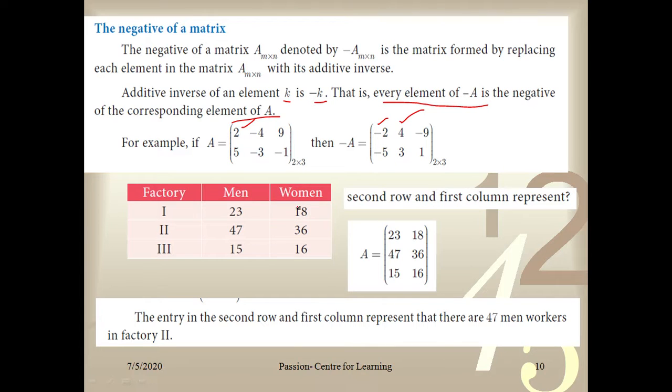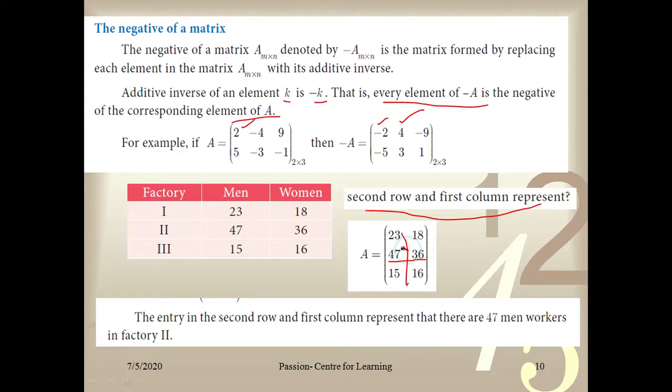I want to explain one with an example. They have given men, women. So how do we write it? You can write it as A is equal to some matrix. Right, as it is. 23, 50, 18, 36, 16. They asked, what does the second row and first column represent? Which is the second row? This is your second row and this is your first column.